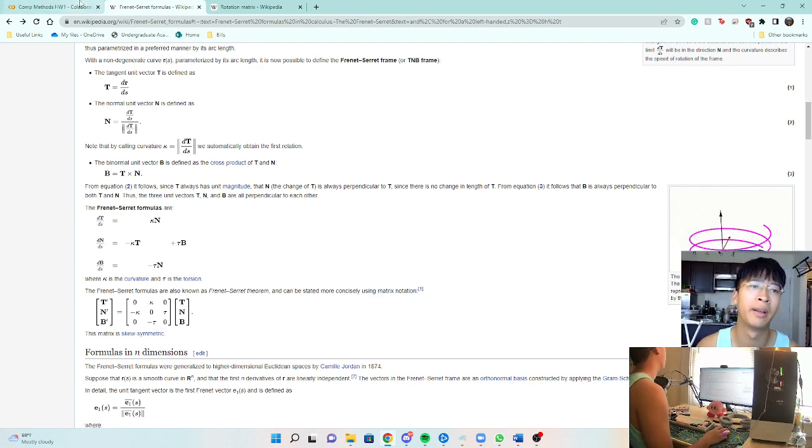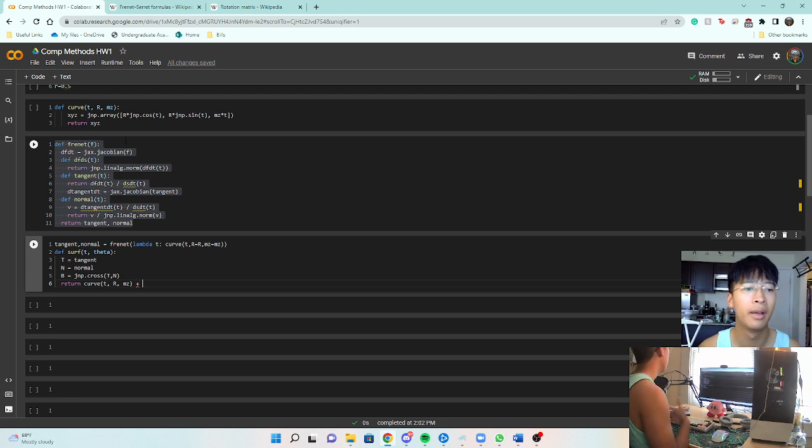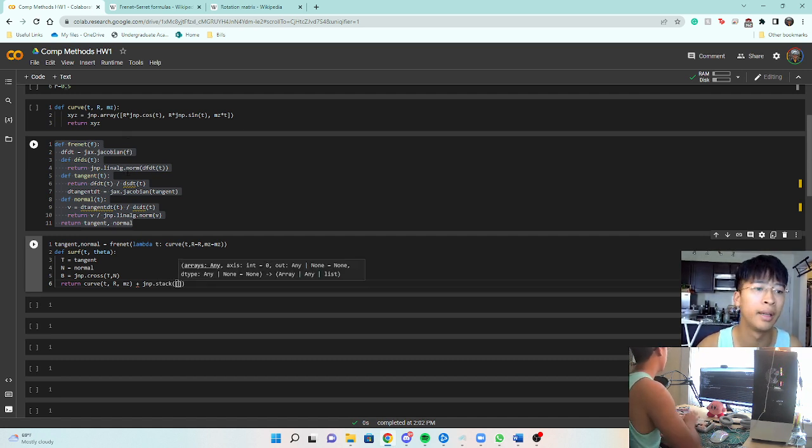For matrix multiplication to work, the inners must match. So we have to stack our N and B column-wise. The way we do that is jnp.stack. I believe it takes in N and B, and expects an axis argument, and we set that equal to 1.